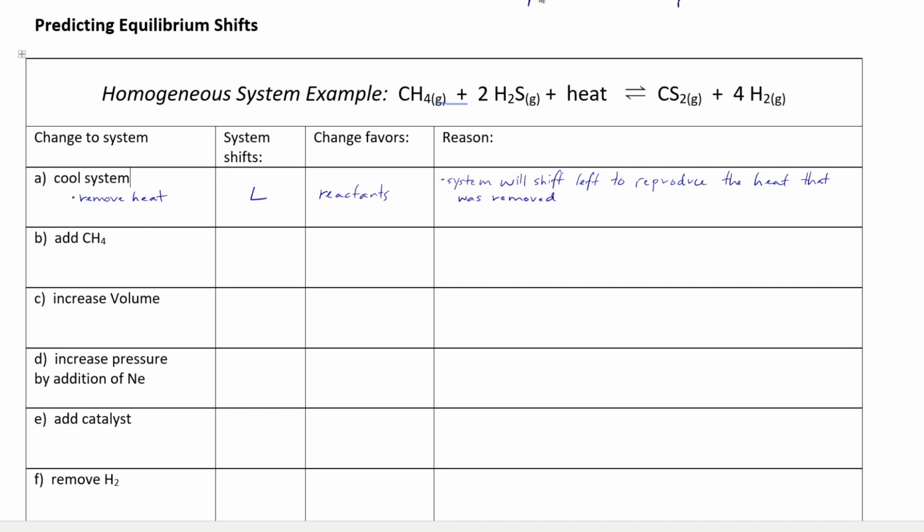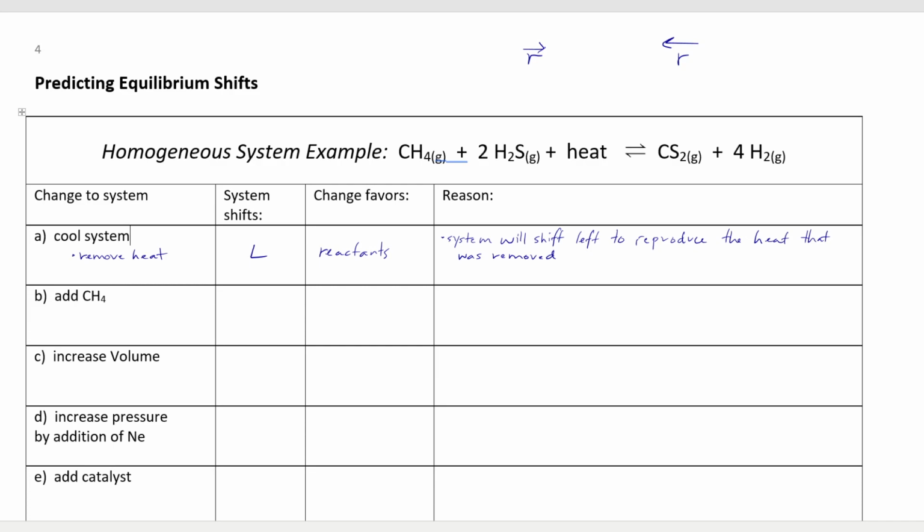What ends up happening here is that heat is necessary for the forward reaction to happen. So when you remove that heat, that forward reaction rate temporarily slows down, and the reverse reaction in comparison to this forward reaction is now much faster.